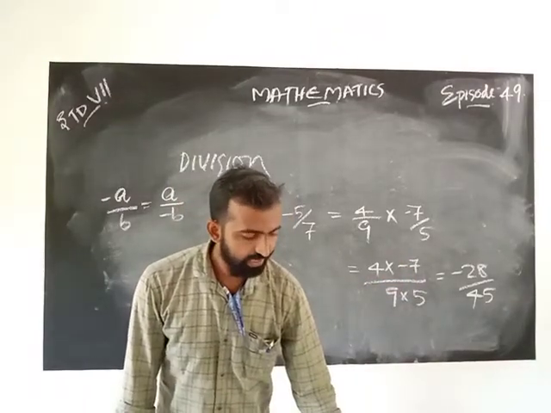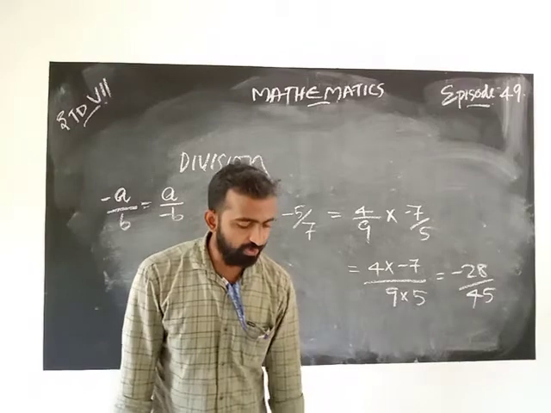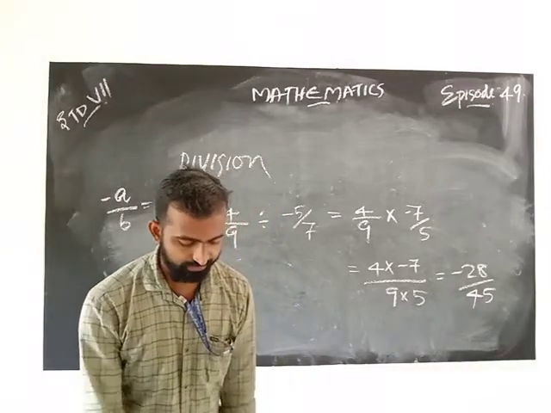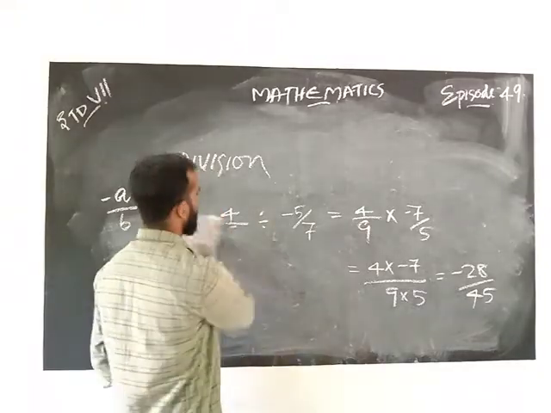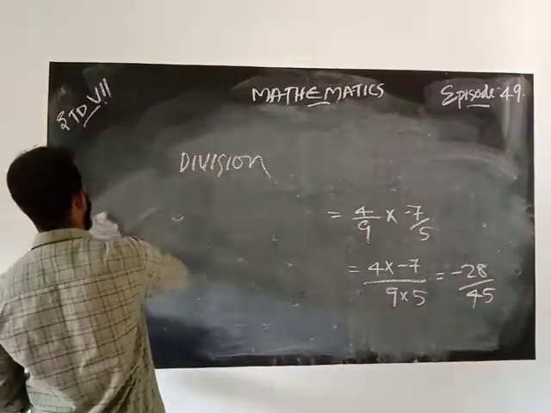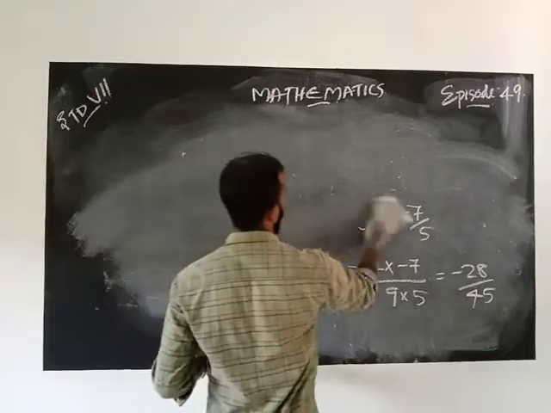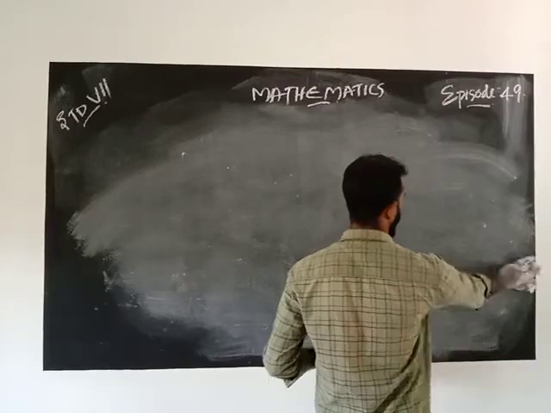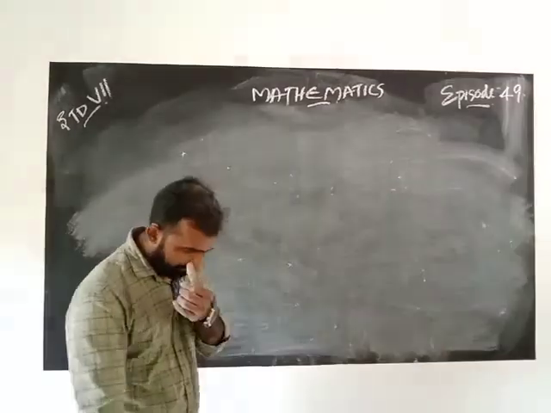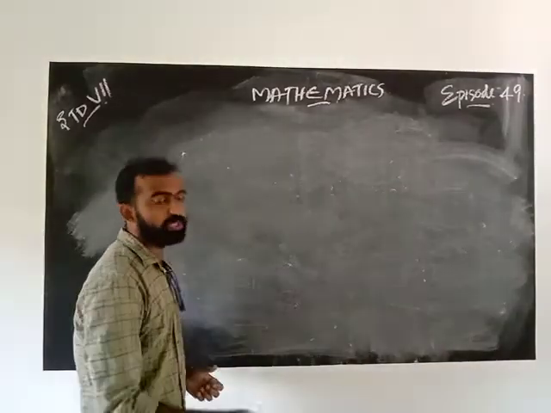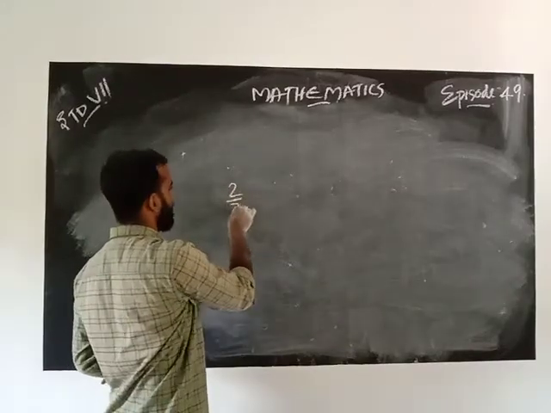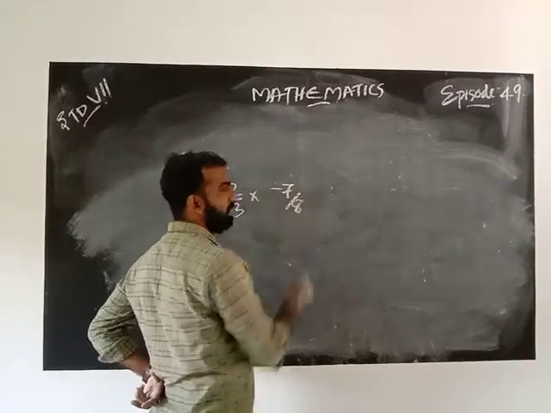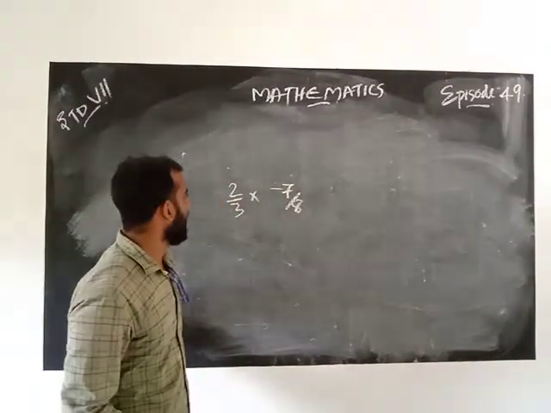Next is our try this. The first one is 2 by 3 into negative 7 by 8.